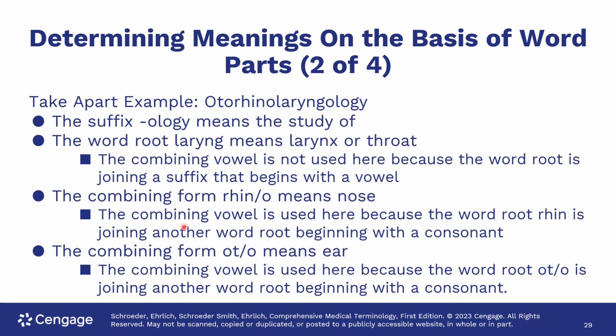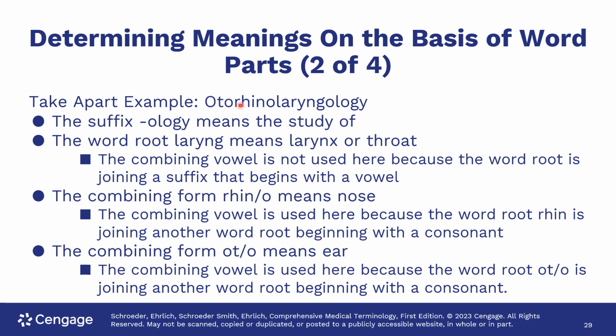The combining vowel is used here because the word root, rhin, is joining another word root that begins with a consonant. So rhino is joining with larynx, and they both end and begin with a consonant, so you need a vowel stuck in there. The combining form ot means ear. Ot ends with a consonant.